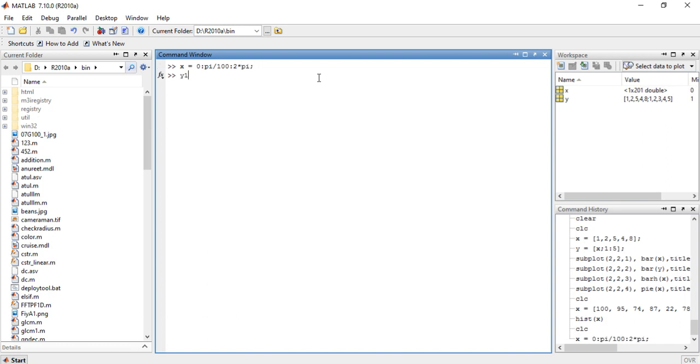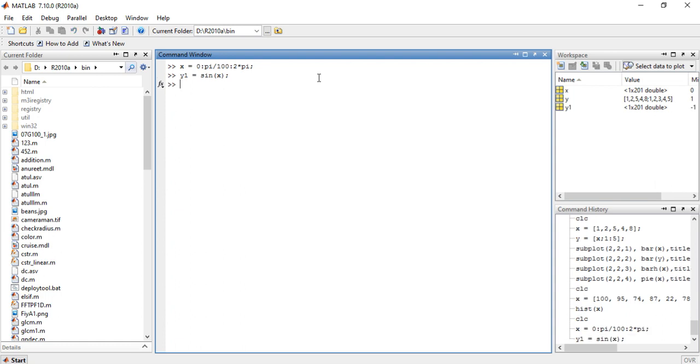Now here y1 is sin of x. y2 is exponential of x.